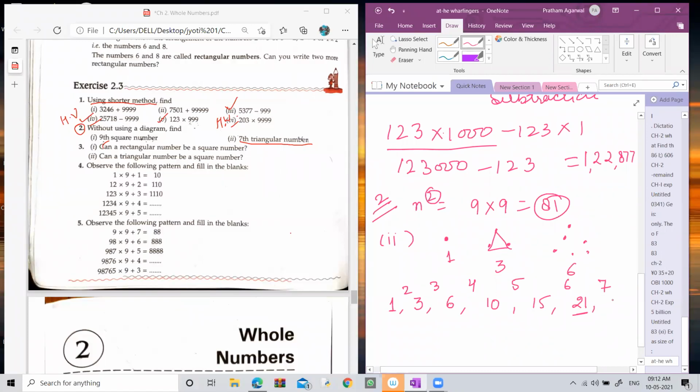It gives you how much? 28. Now this is the 7th triangular number: 1st, 2nd, 3rd, 4th, 5th, 6th, and 7th. So in this way, you can find the 7th triangular number without using the diagram. I hope it is clear to everybody.